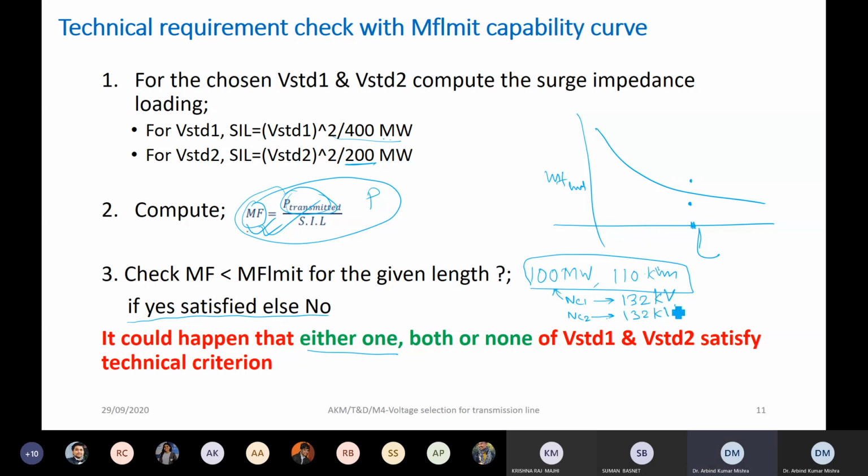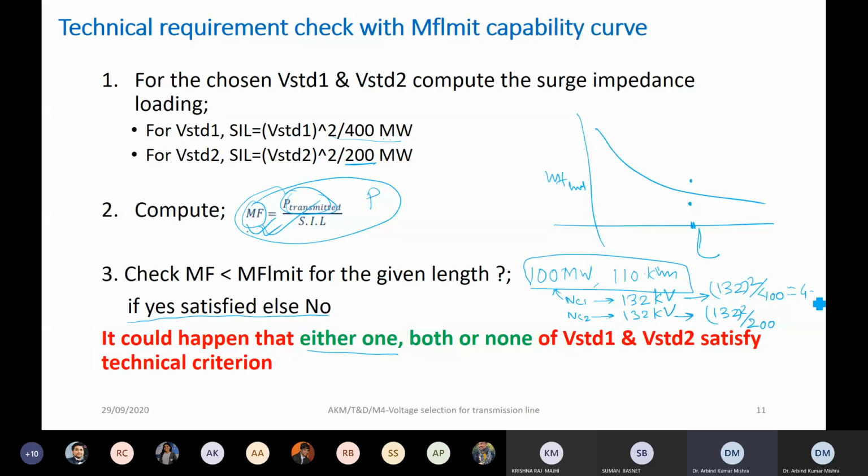Now, the surge impedance loading for this case is 132 squared upon 400. Here for this case the surge impedance is 132 squared upon 200. I guess it will be something around 43 megawatt.